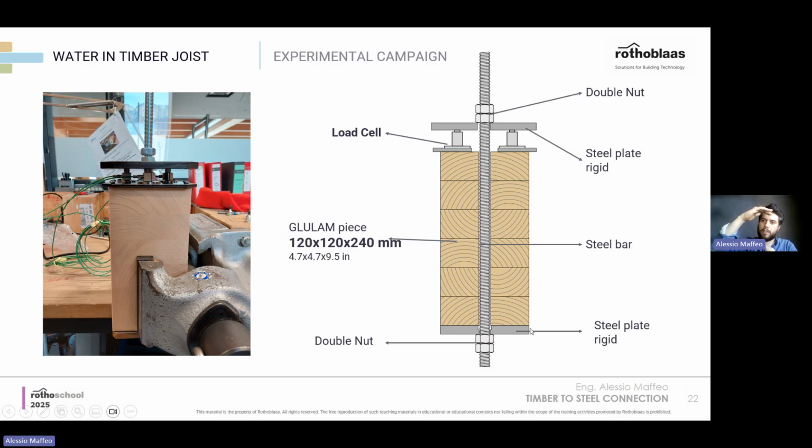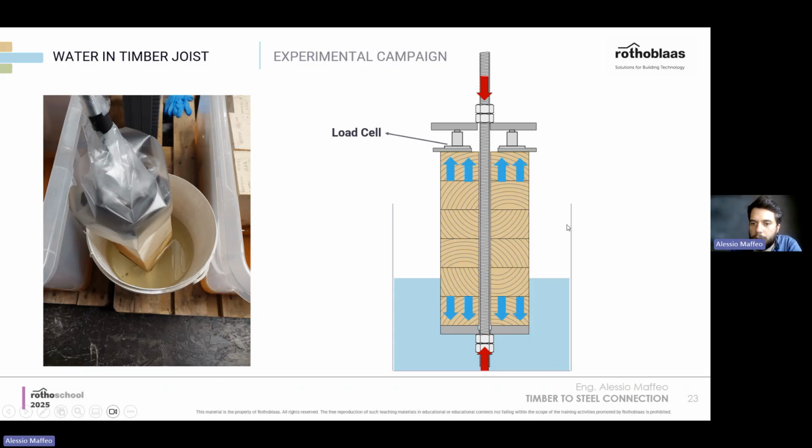So it's really a compressed element, and we put it in water and wait for the swelling of the timber to increase the size of the timber element. The load cells are inside here at the top, so we are going to be able to measure the pressure made by this glulam piece. You see it here on the left in the bucket.